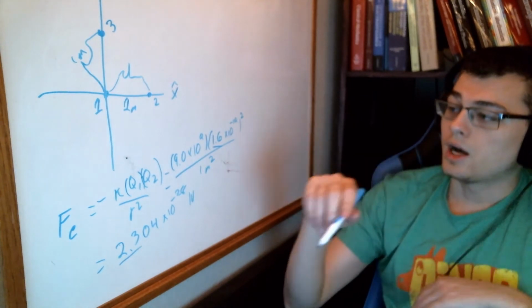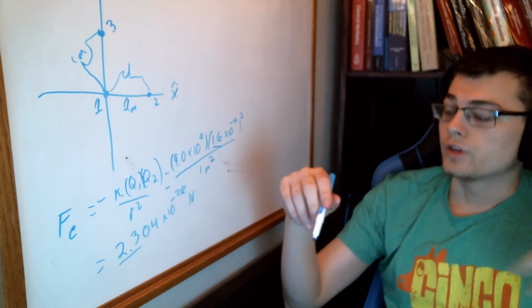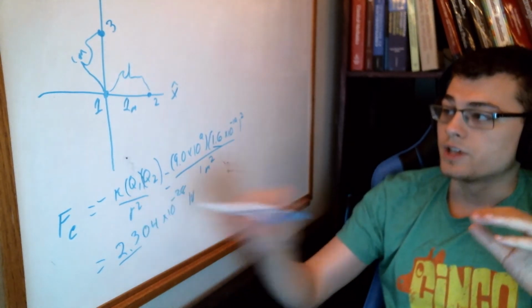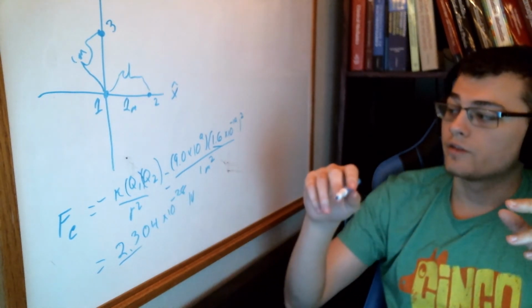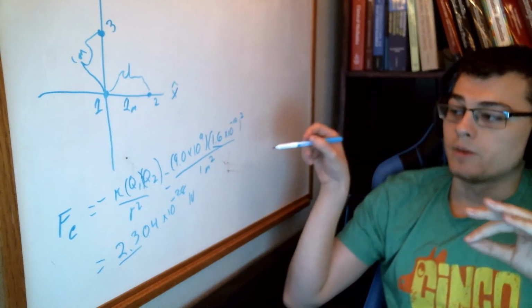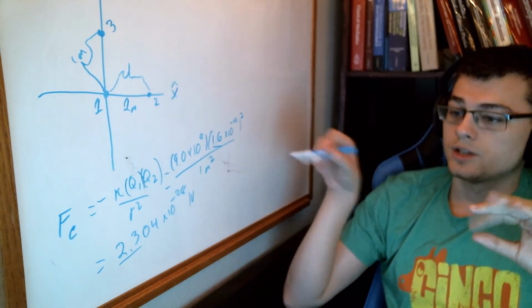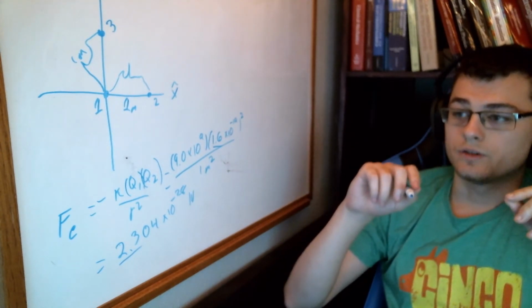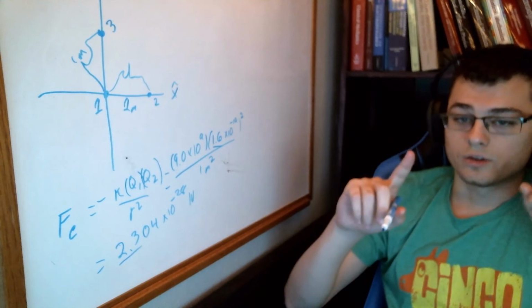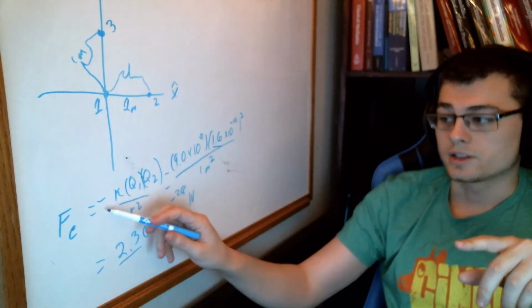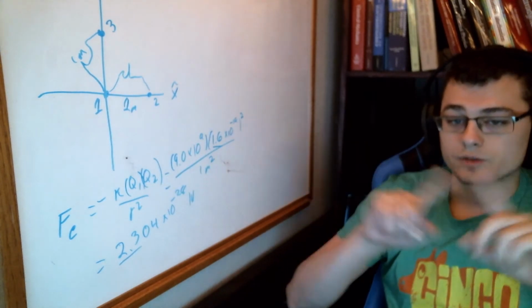As a matter of bookkeeping, what I like to do is keep this negative here, because if you have 2 negative charges, then you're going to get a minus sign, and that means they're going to repel each other. If you have 1 minus sign and another plus sign, you put that together and you're going to get a minus sign that cancels it, and it's going to be positive, which means they're going to attract.